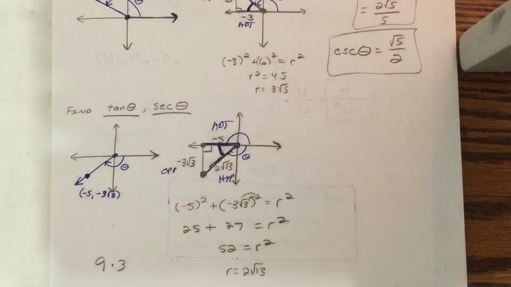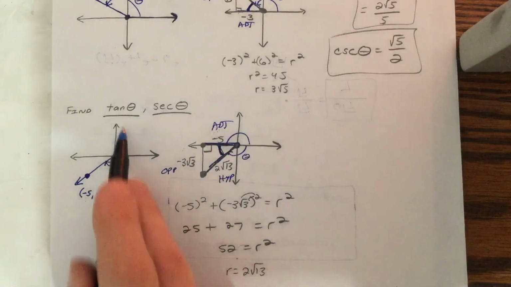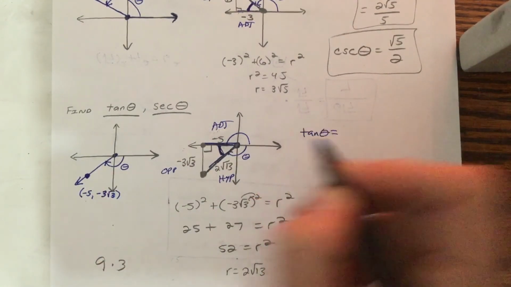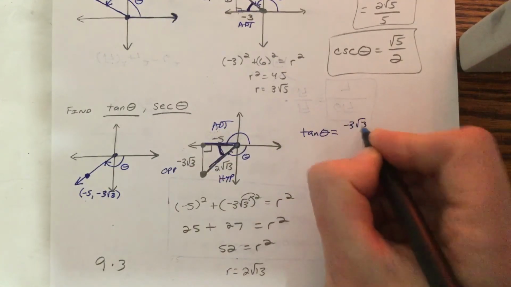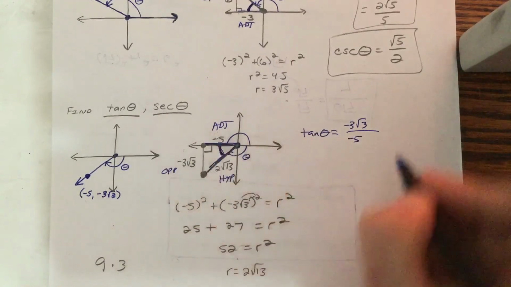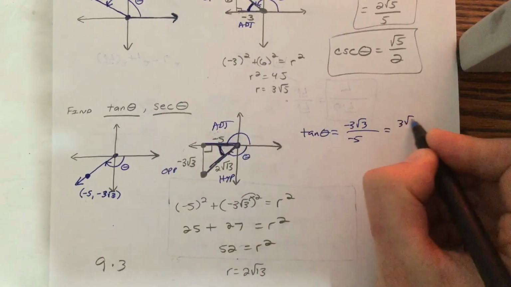So in that scenario, finding tangent, opposite over adjacent, the tangent of theta would equal -3√3 over -5, so that would be 3√3 over 5.